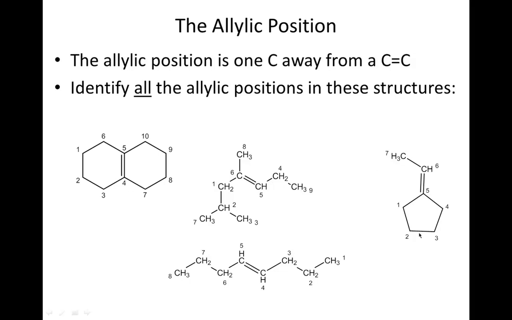In this molecule, we have some symmetry. 1 and 4 are both allylic positions, and I can't really tell the difference between those, at least in principle. And number 7 is also allylic, and it's different from 1 and 4. Now, technically, I hedged a little bit, I'll admit it.